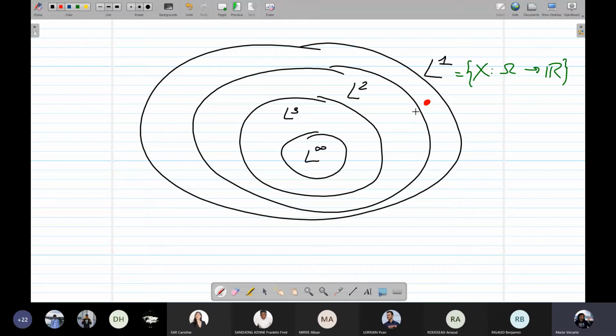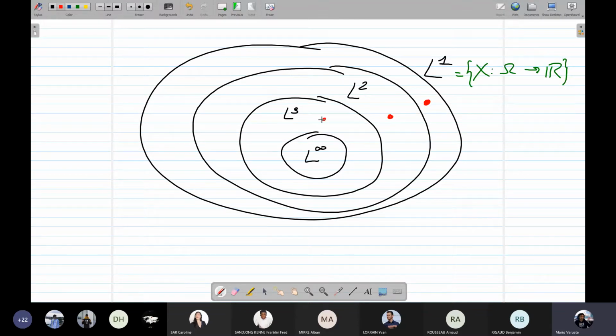Okay, and we say that that's the first order moment. But there's a more VIP class of random variables, which is those who have a second order moment. They live here. It's a more restricted class, okay? It's more private. Those have a second order moment.